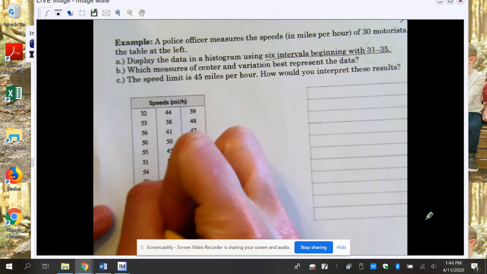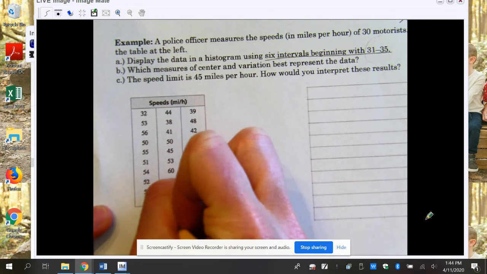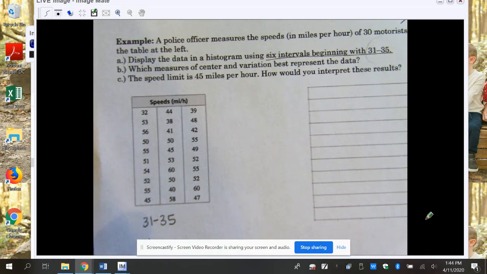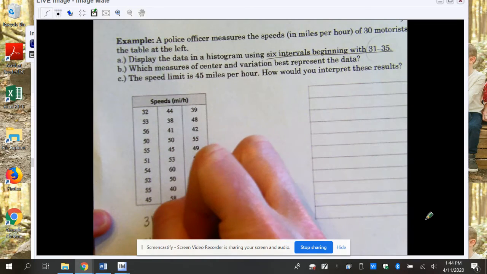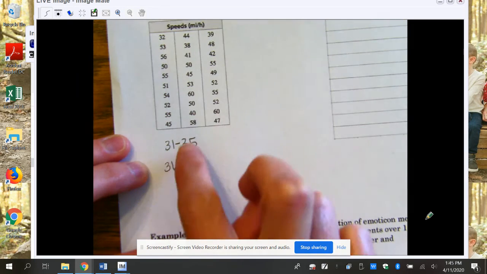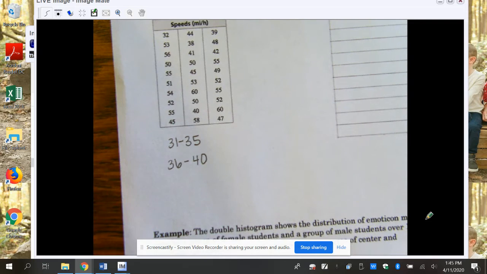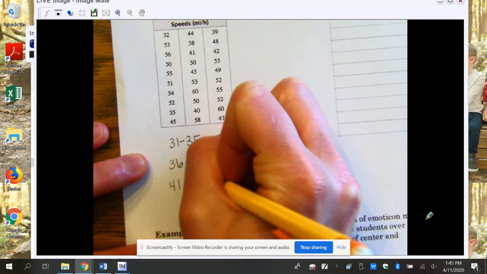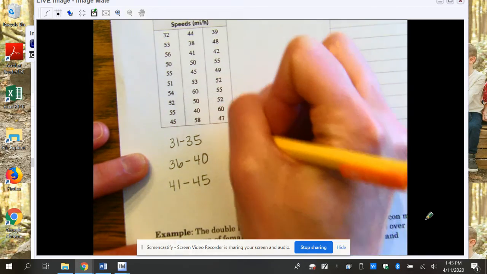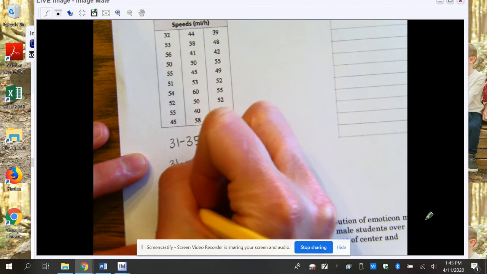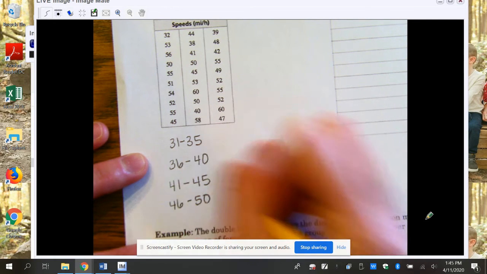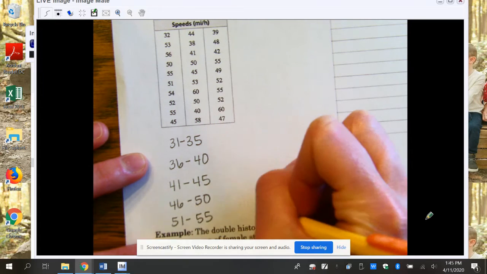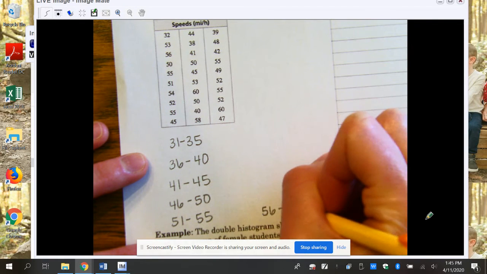So if I start with 31 to 35, then my next one would be 36, 37, 38, 39 to 40. Right? So there's a difference of 4 between each starting and stopping point. So then this next one would be 41 to 45. And then 46 to 50. And then 51 to 55, and then 56 to 60.